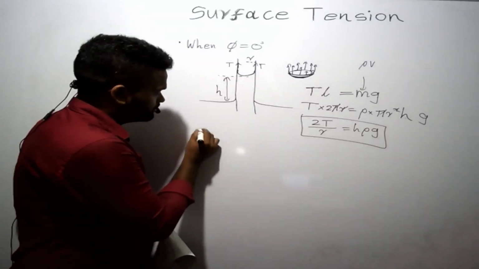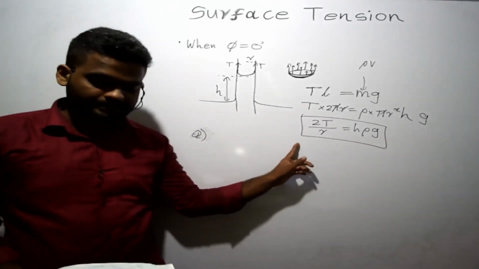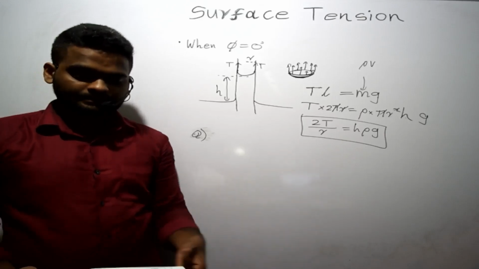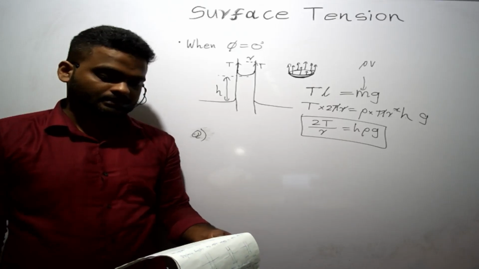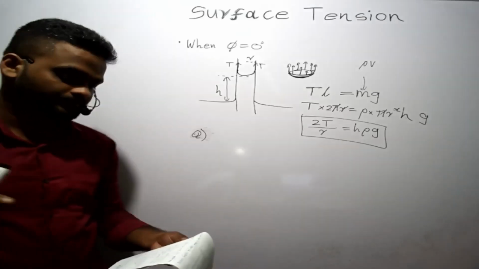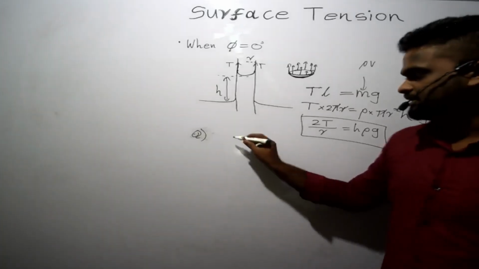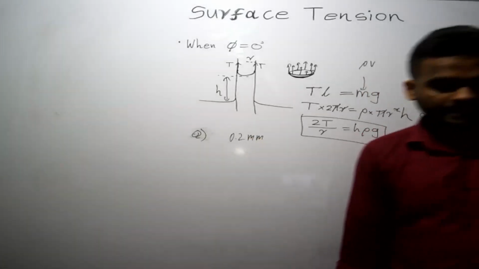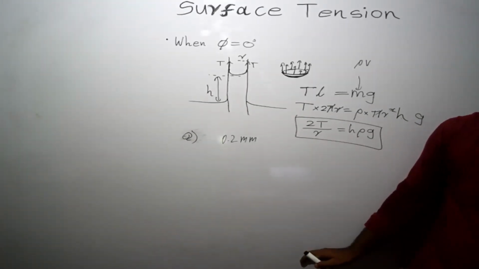Write down Q. Find the capillary rise, given that the internal radius of the tube is 0.2 millimeters, immersed in water.